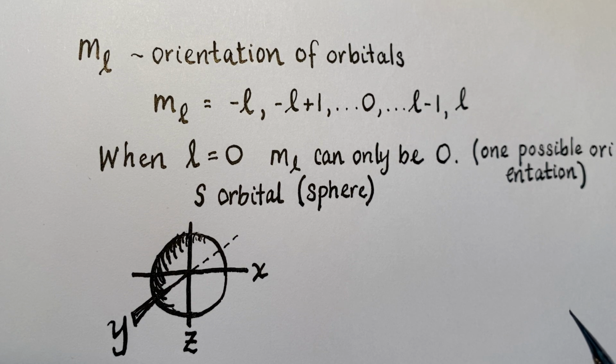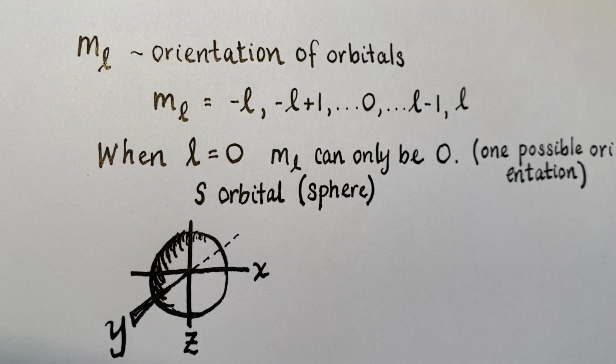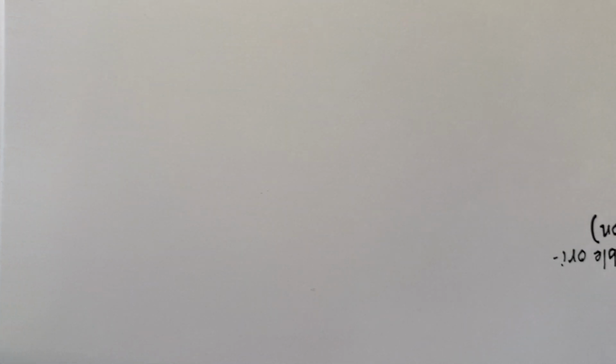All right, so there is our S orbital. Let's take a look at the P orbital next. Okay, so we'll give ourselves some more space here.